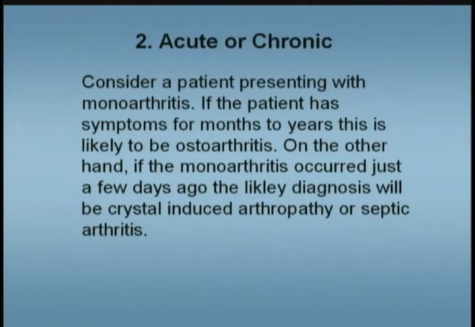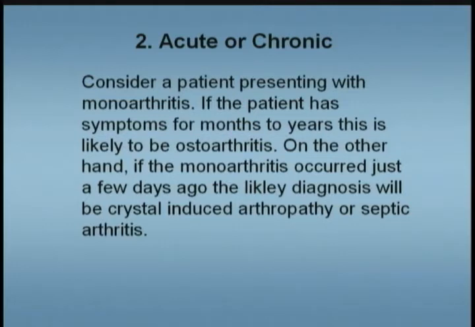The second thing that we talked about, is it acute or chronic? So that's a basic question. So consider, to give an example, a patient presenting with monoarthritis. If the patient has symptoms for months to years, this is likely to be osteoarthritis. Because remember our differential of monoarthritis?